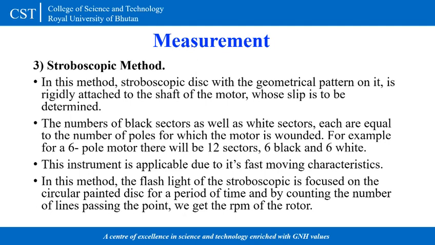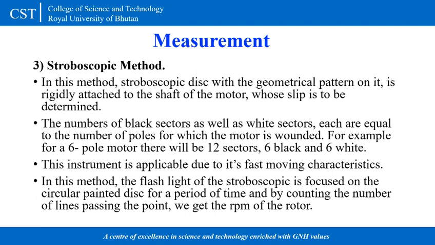Now, in order to calculate the value of synchronous speed, we have to take the value that we get from the stroboscope, and there are mostly many lines on the screen that we will be able to see on the shaft of the rotor.